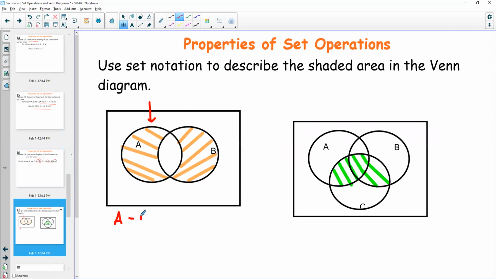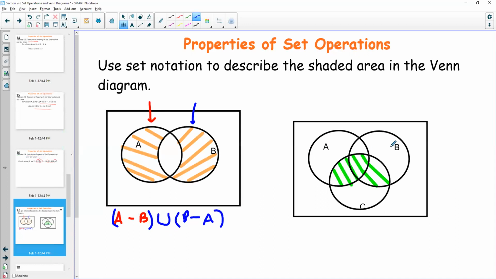A minus B. I also want to get that section of just B alone, which is B minus A. But I want them both. If I say and, I have to take their overlap, and there is no overlap here. So the only way to describe it is a union. I want A minus B or B minus A.